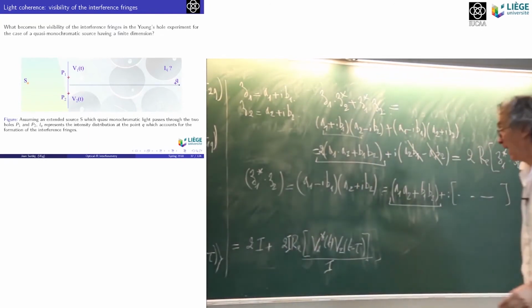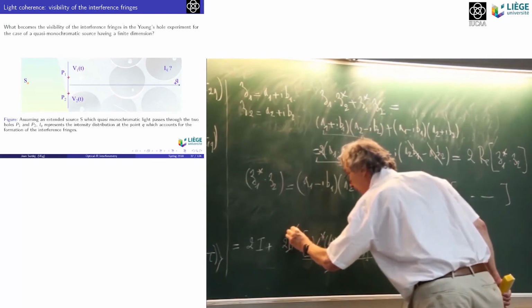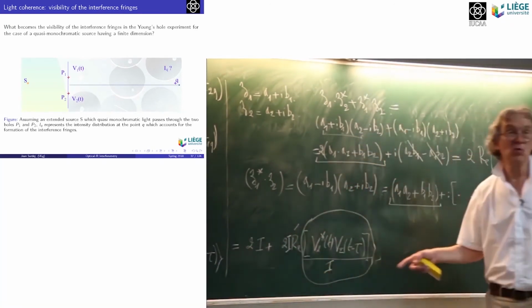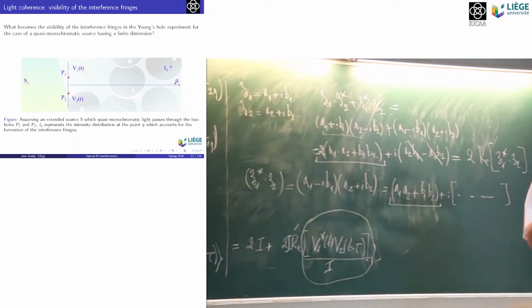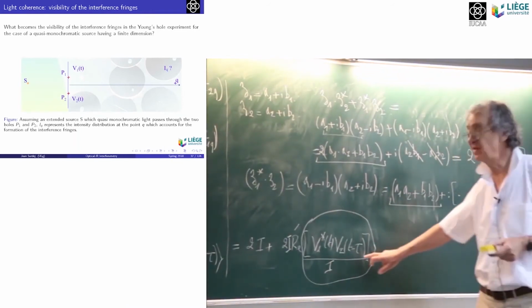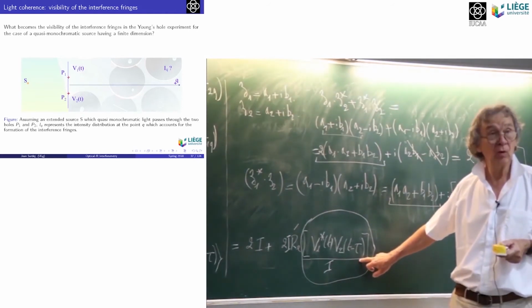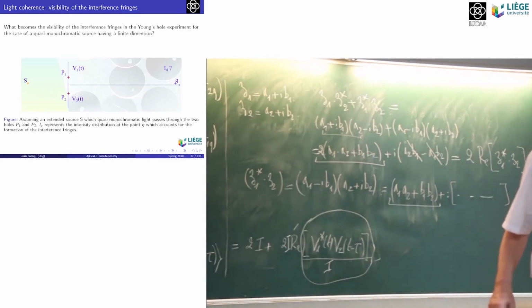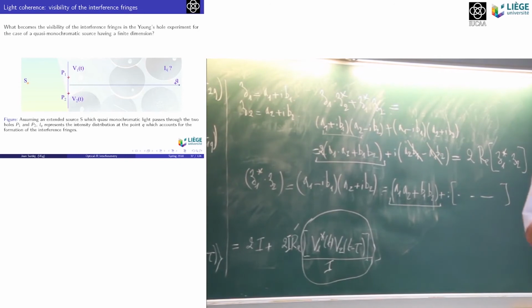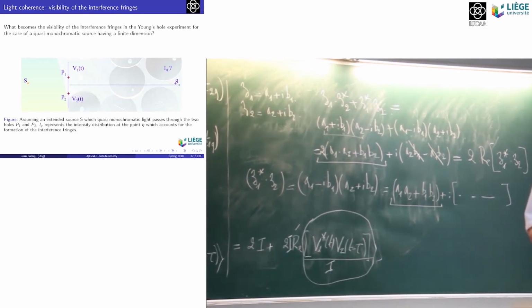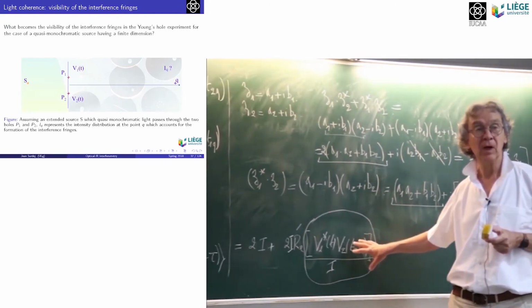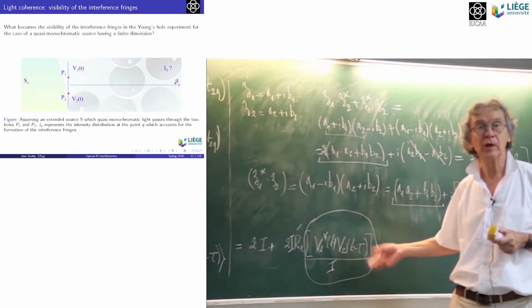And this quantity here is what gives rise to the phenomenon of interference. And do you know how it is called? Well, it's a correlation coefficient, but it's a complex amplitude of mutual coherence. So the correct naming is a complex amplitude of mutual coherence.